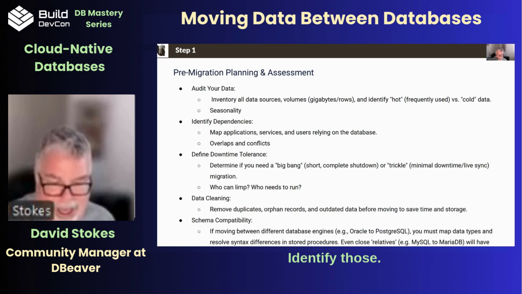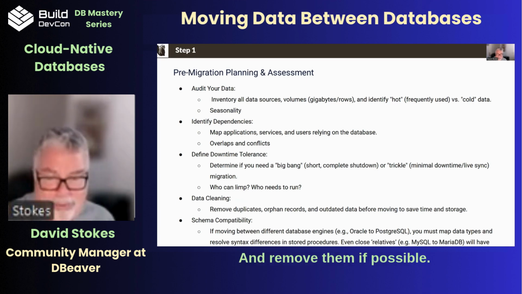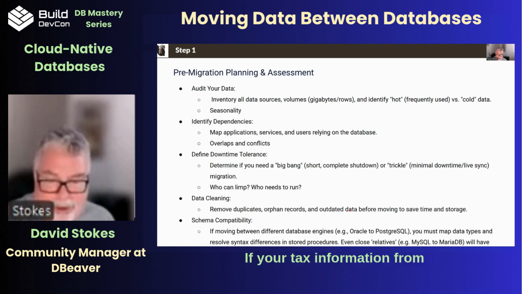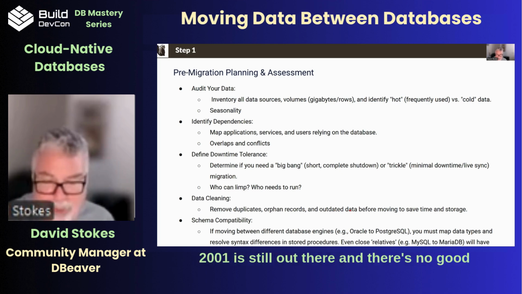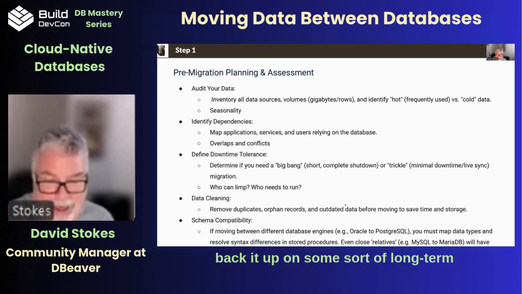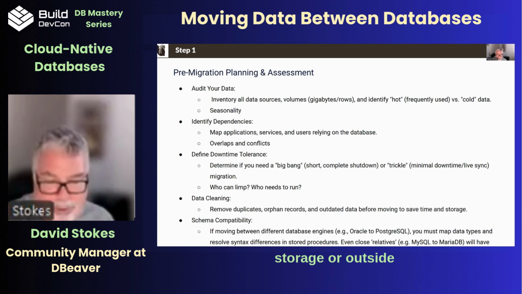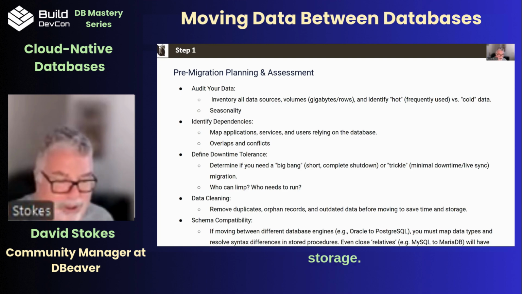Identify those and remove them if possible. Also, outdated data. If your tax information from 2001 is still out there and there's no good reason to keep it, back it up on some sort of long-term media, and move it off to tertiary storage or outside storage.